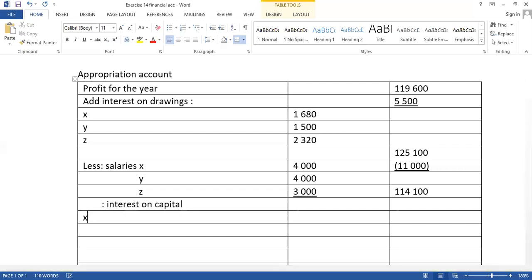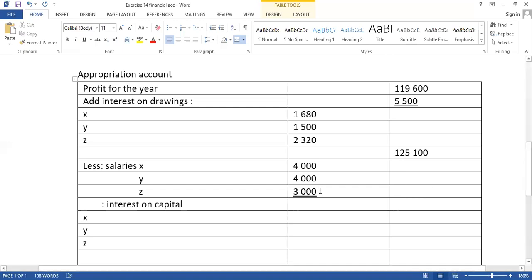So we have X, Y, and Z. Let me just start over.